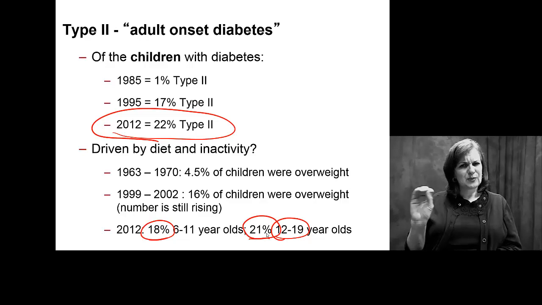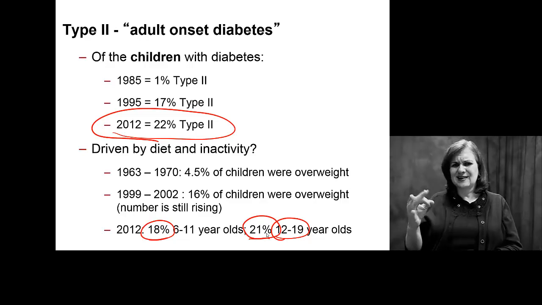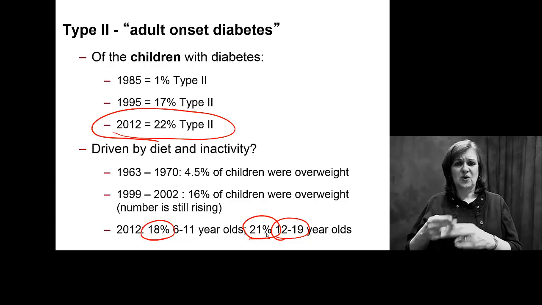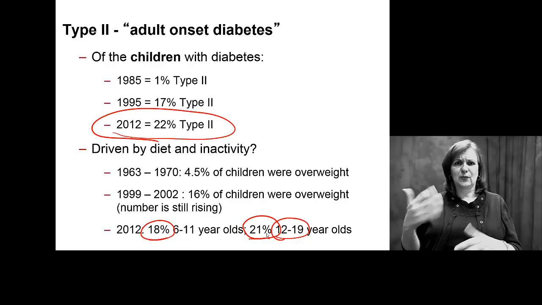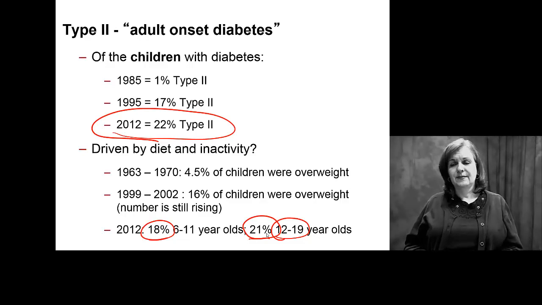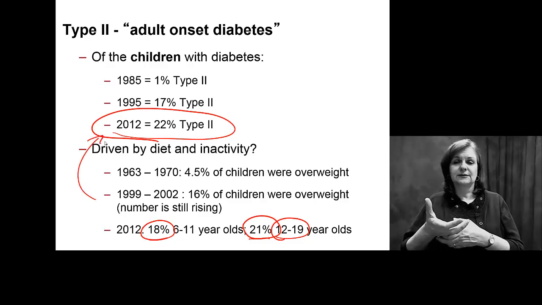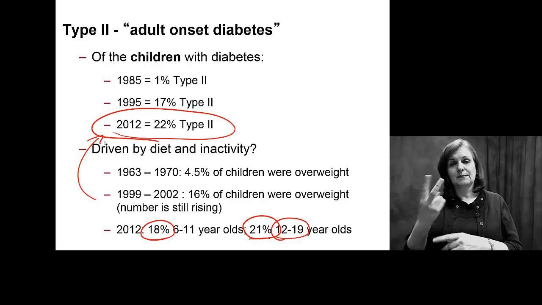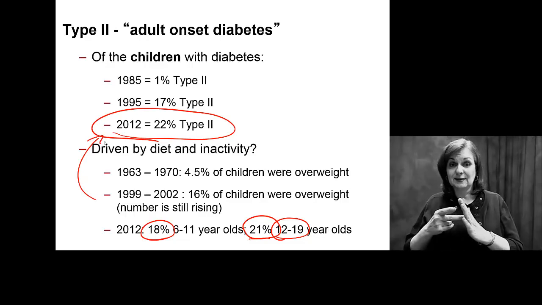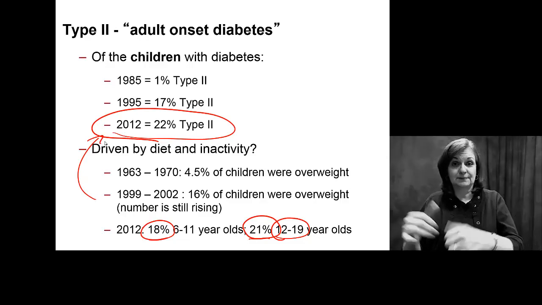That means that nearly 40% of the children under the age of 19 are overweight. That's staggering, right? And they are directly connecting that to this increased incidence of type 2 diabetes in children. Get your children outside to play.